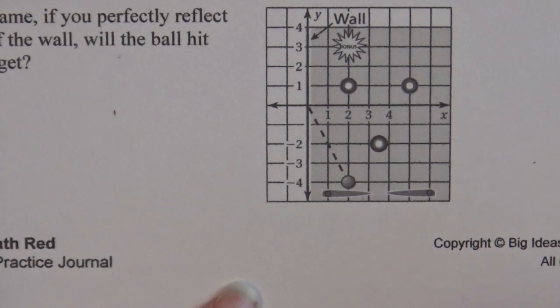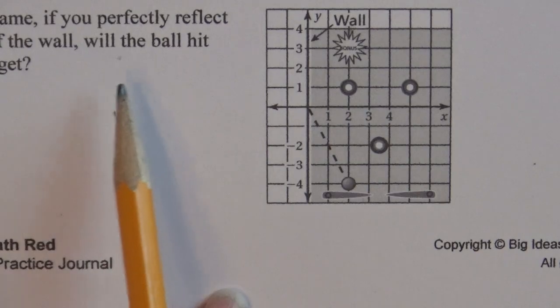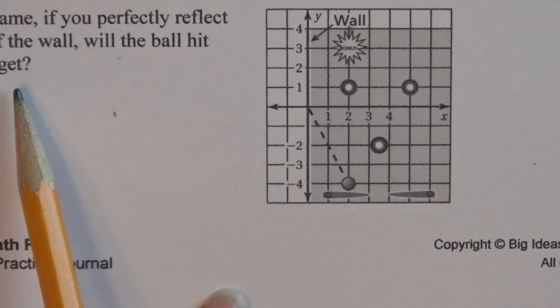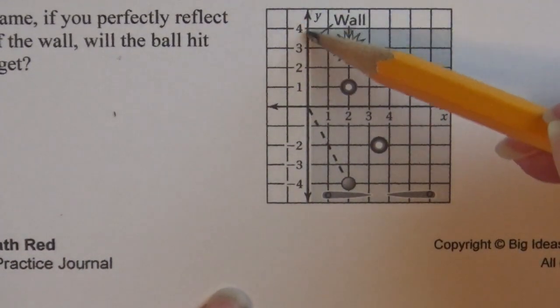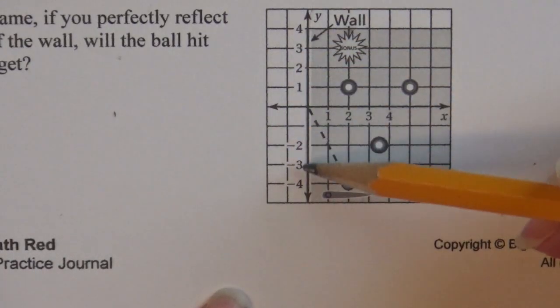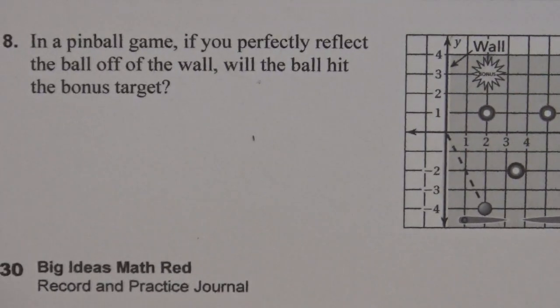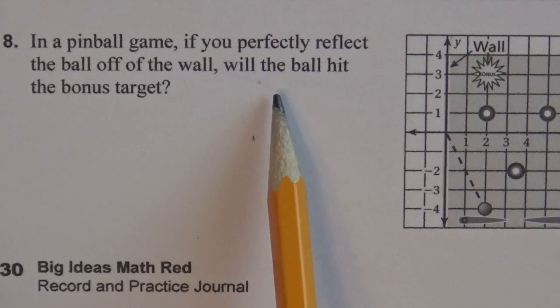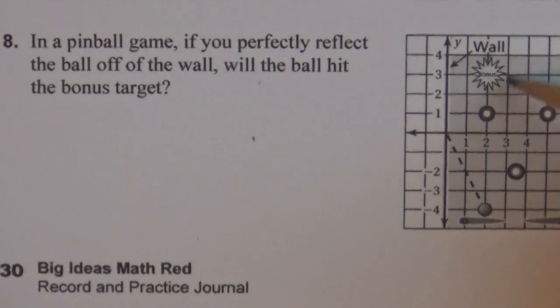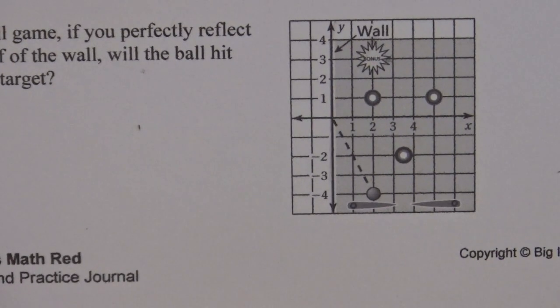So in this question it says, in a pinball game, if you perfectly reflect the ball off of the wall, and they're telling us that this is our wall, right on the y-axis, will the ball hit the bonus target, which is located there? Okay, so what does that mean?